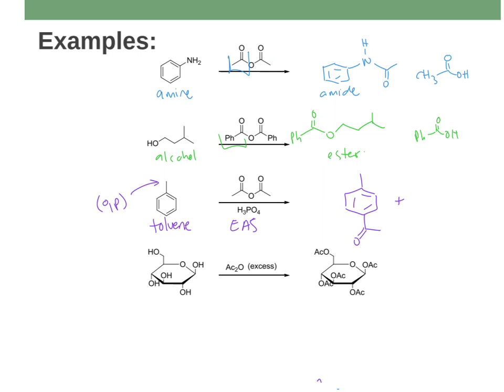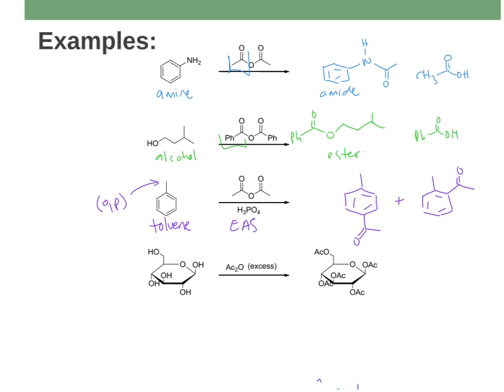I would also get some where there's ortho. All right, so here I'm doing a Friedel-Crafts acylation. And I recognize that because I don't see any good nucleophiles on toluene aside from the actual aromatic ring itself, which is why the aromatic ring goes and attacks my anhydride to acylate it.